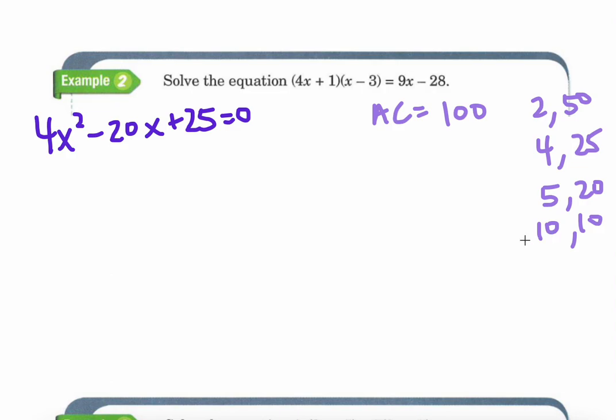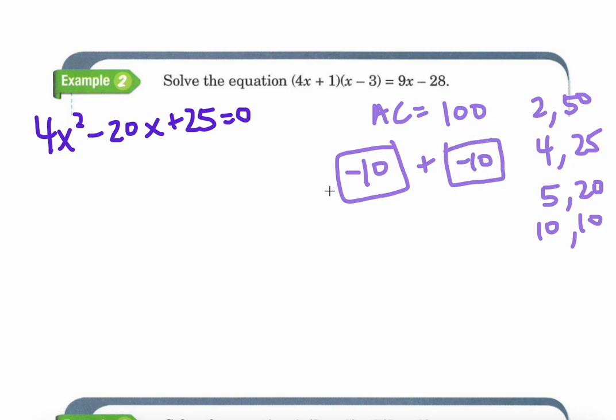Oh, of course, it's the last one that I think of, right? 10 and 10. So it's going to be negative 10 plus negative 10. That'll get me to the negative 20, but then multiply to get me to a positive 100.